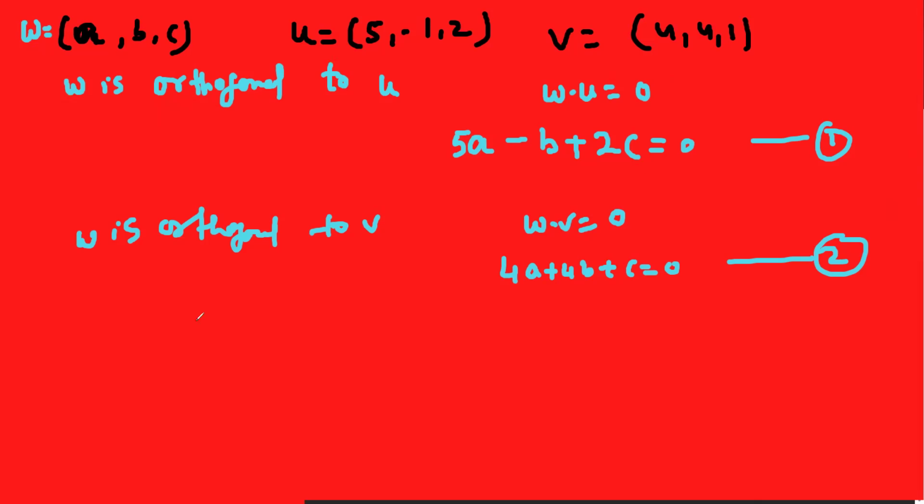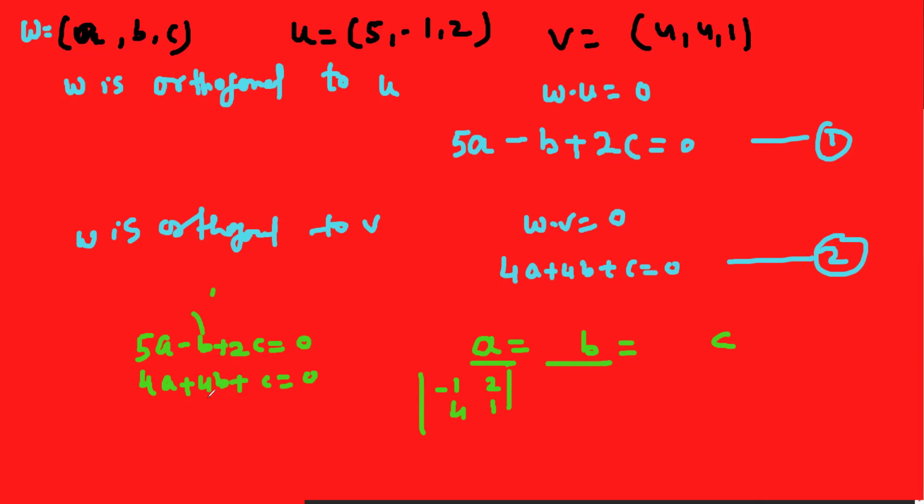Use Cramer's rule. What is Cramer's rule? For the value of A, hide the column of A. So you will get the determinant minus 1, 4, 2, 1.